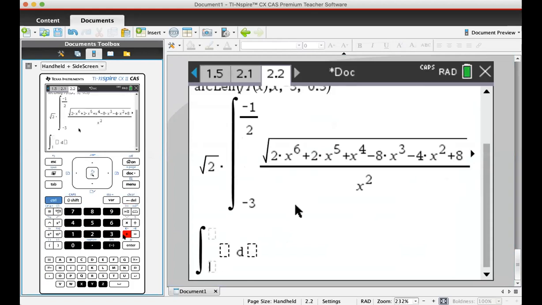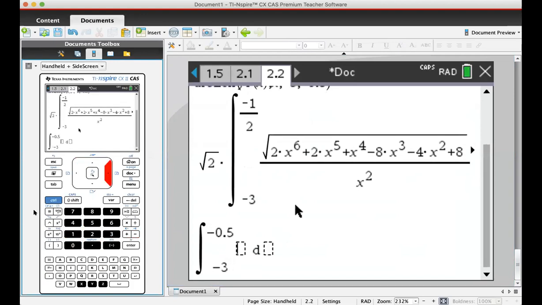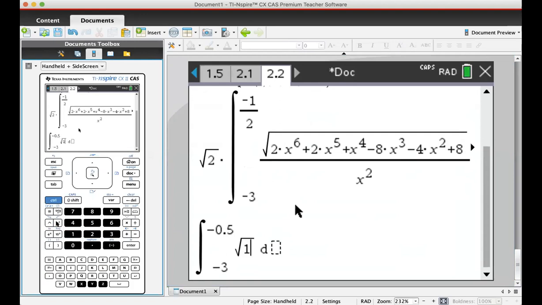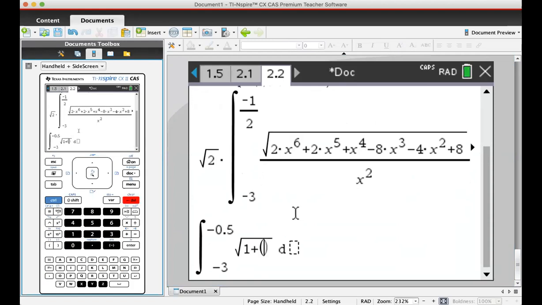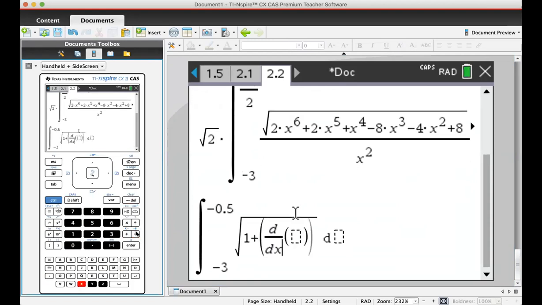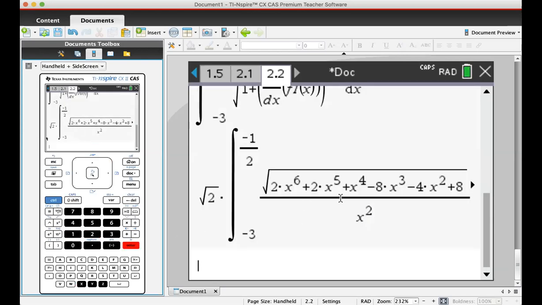Shift plus from -3 to -0.5, square root of 1 plus shift minus x, f1 of x squared dx. Okay, exactly the same thing.